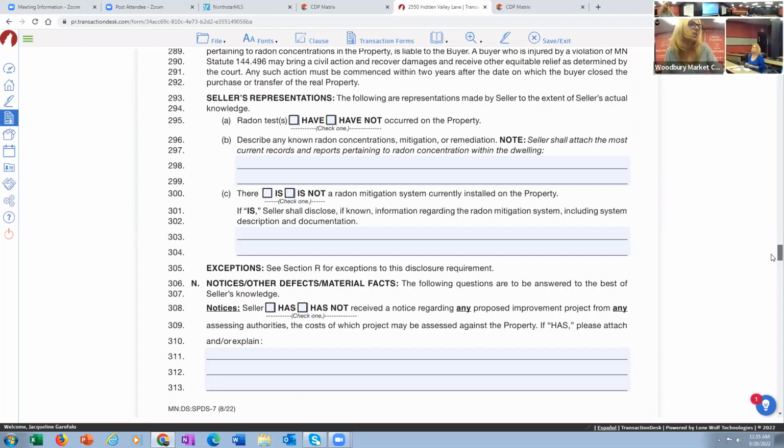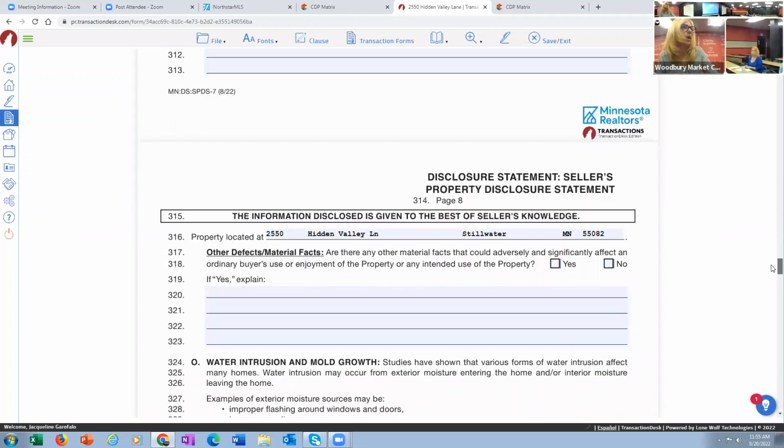And then here's an area for any other known defects to the property. If there's any other that we didn't cover, this is where we talk about it and I write it down, right? And sometimes even when I have an active listing, I may be adding to that as I find something out after we went live.